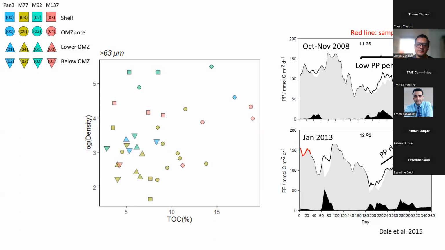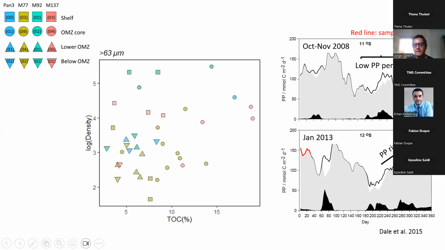And this is discussed as it could happen because the sampling periods were developed after different periods of productivity. So in 2008, this is late 2008, it happened after a very low primary productivity period. Here in red is the sampling period, but before it, we have a very low productivity period.